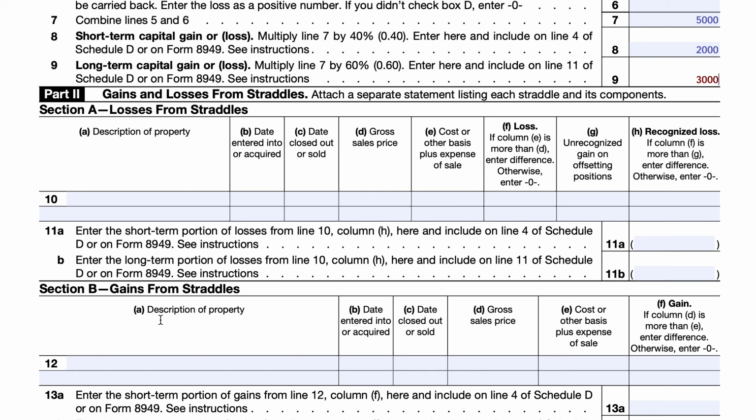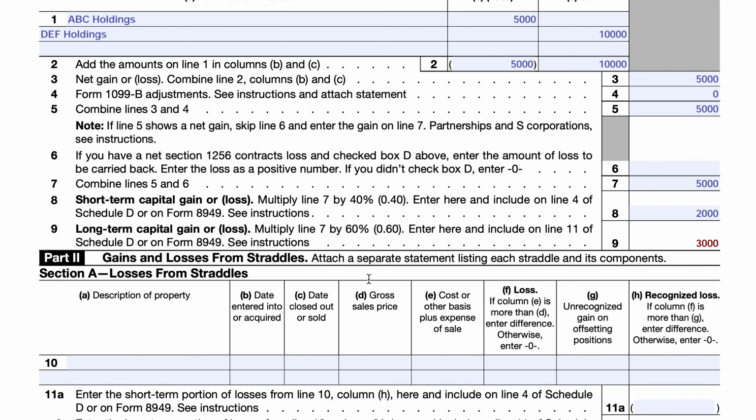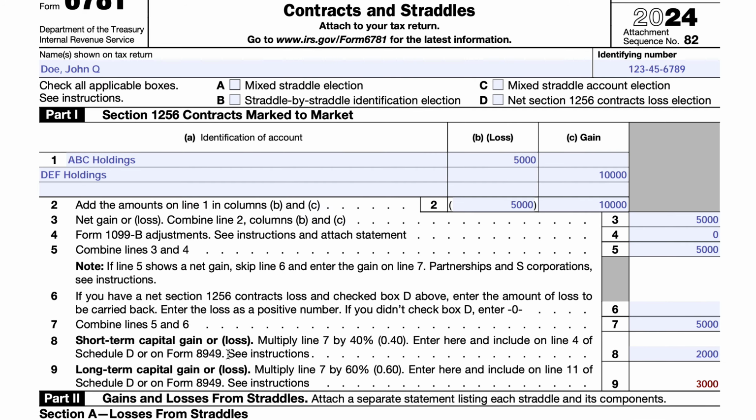Do not include a loss position in an identified straddle established after October 21st, 2004, and do not identify any positions that are part of a straddle if all of them are Section 1256 contracts. Again, mixed straddles you can enter here, but if it's all Section 1256, then it all has to be up here.